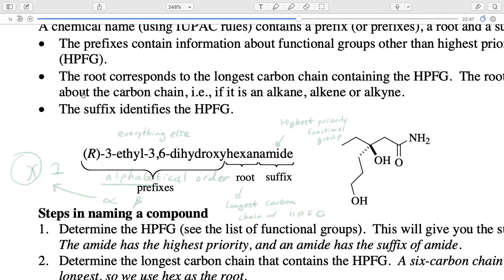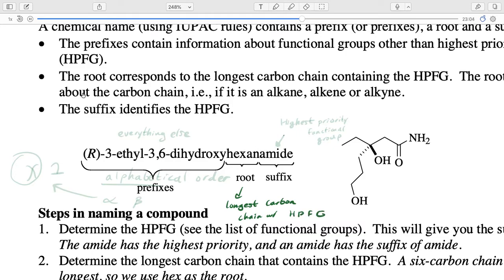So the root, you see, contains the longest carbon chain with the highest priority functional group.